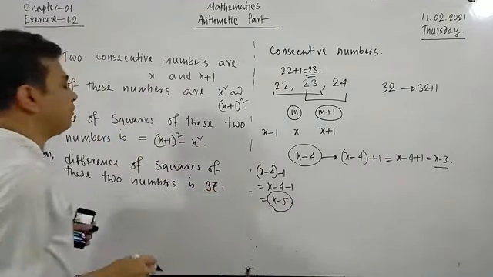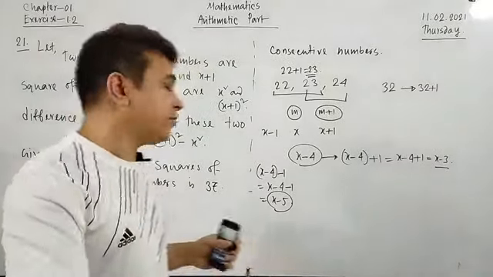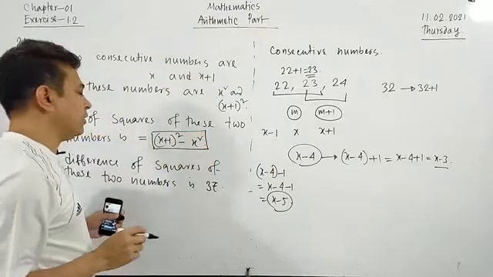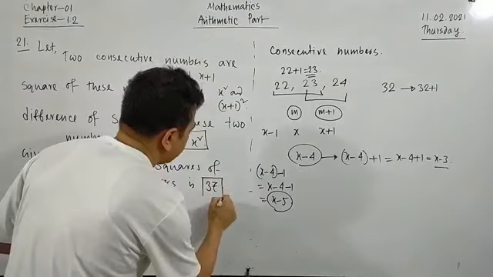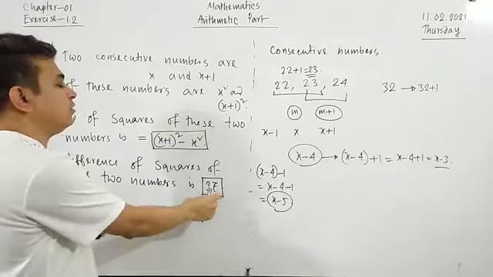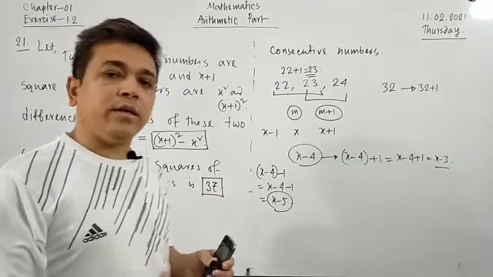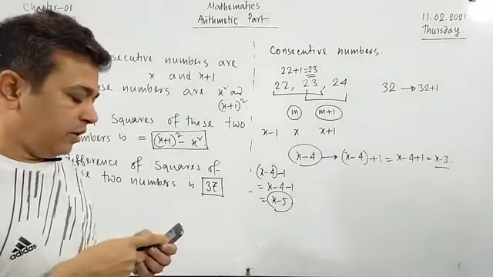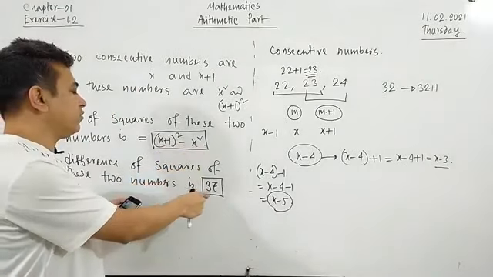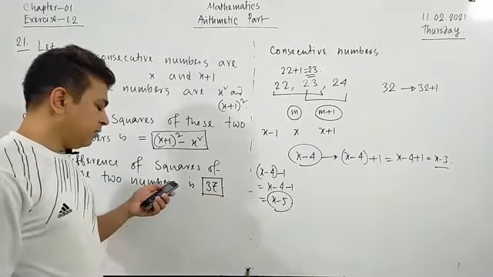So look at that here. With respect to x, we find x plus 1 whole square minus x square, and given in the question it is 37. So easily we can write x plus 1 whole square minus x square is equal to 37. Do you understand how we can write?